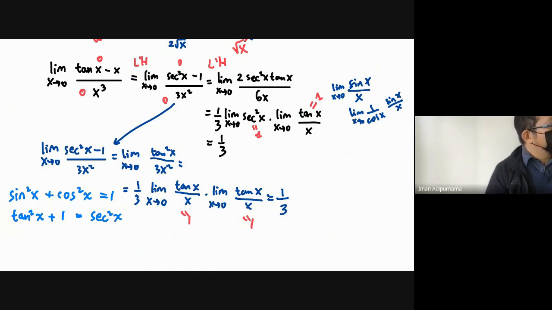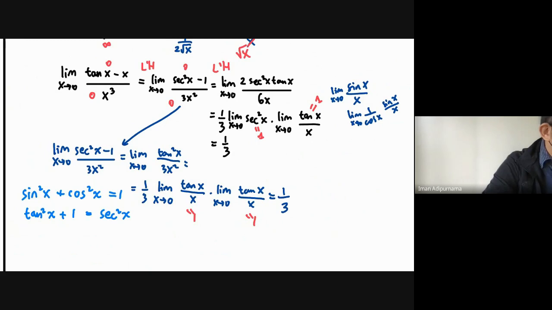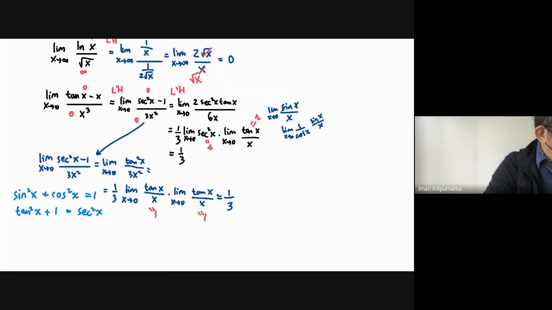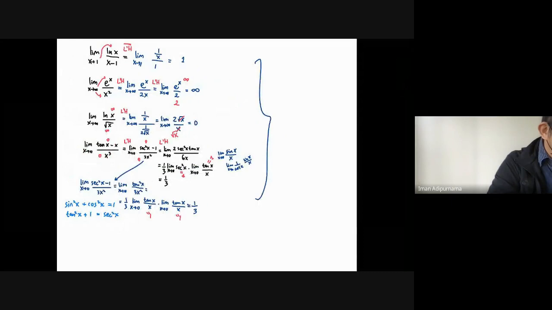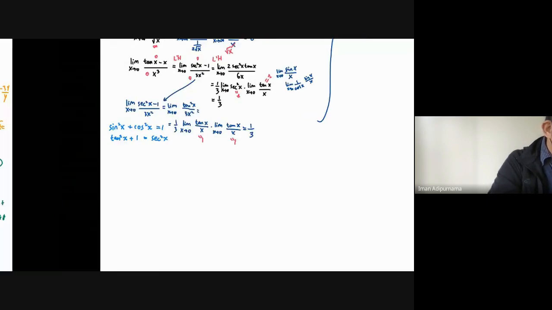Okay, let's continue. So these are the general indeterminate forms, 0 over 0 and infinity over infinity. So that's all the examples for 0 over 0 or infinity over infinity.